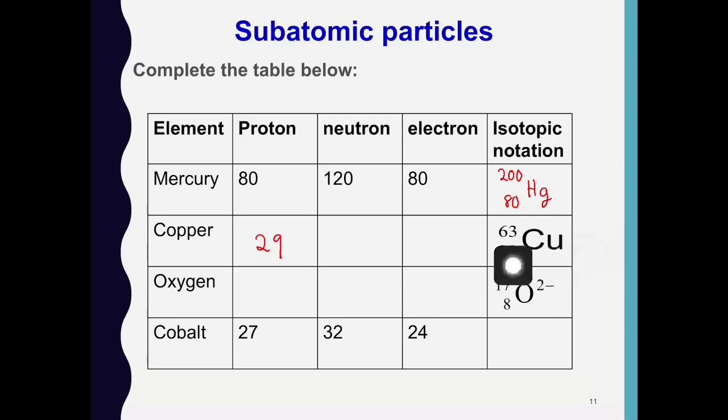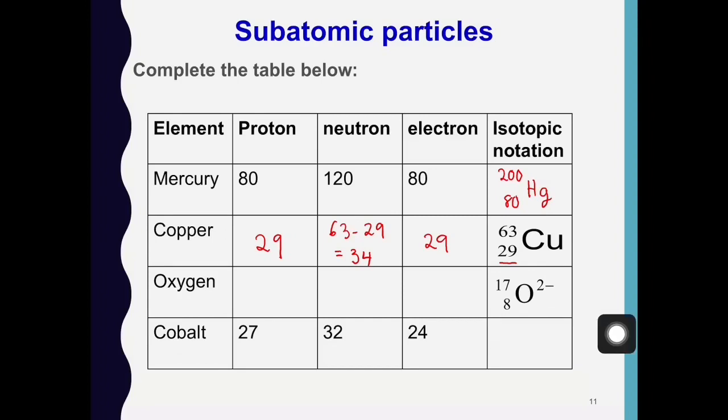Neutron: 63 minus 29, so the answer is 34. And the number of electron is equal to the number of proton, since this isotopic notation is given in the form of atom.